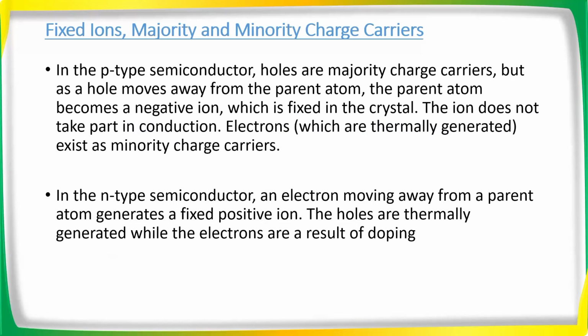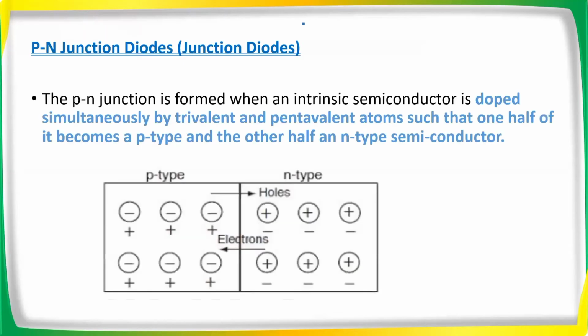On one side you have n-type, on another side you have p-type. You bring them together. Remember, they don't work on their own; normally we would put a junction. So one part is a p-type, another side is an n-type, and that forms what we call a p-n junction diode.